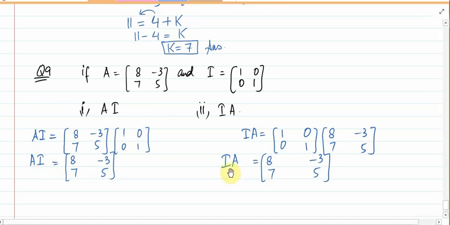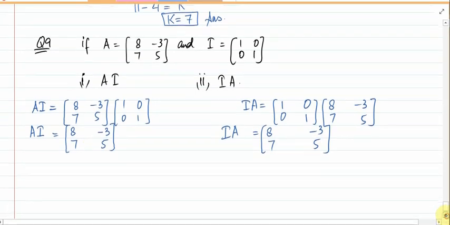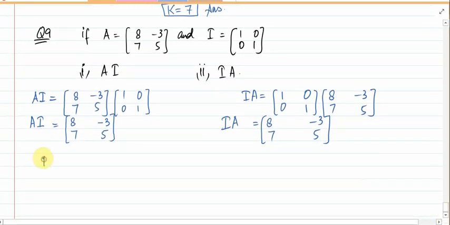Now if you observe these two results, they both are equal, right? And if you observe more, that is actually matrix A. So now we have a new matrix and we say that it is an identity matrix. What is an identity matrix?